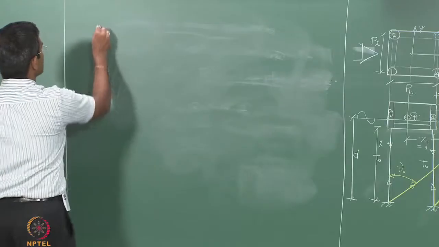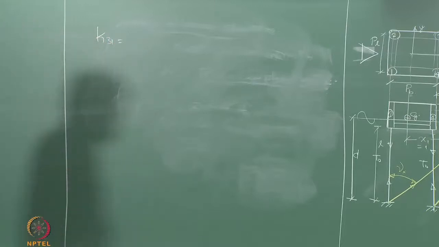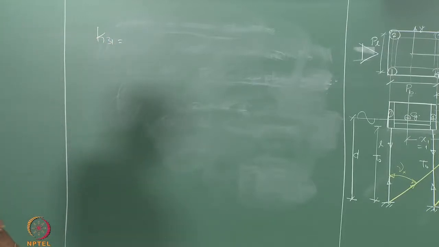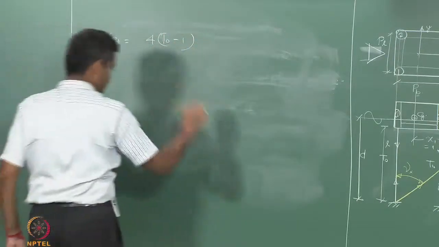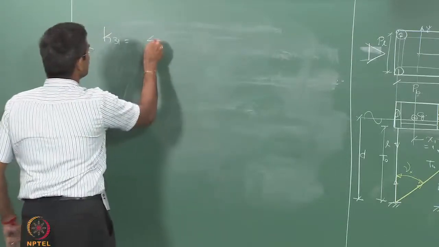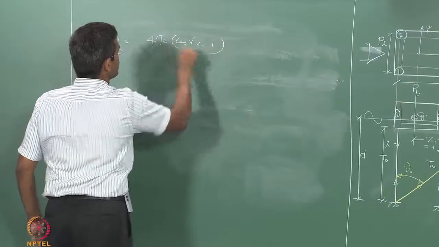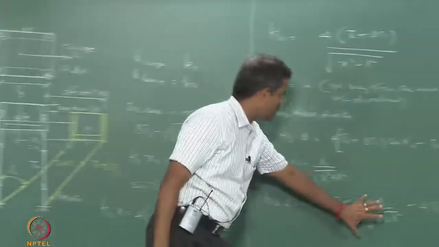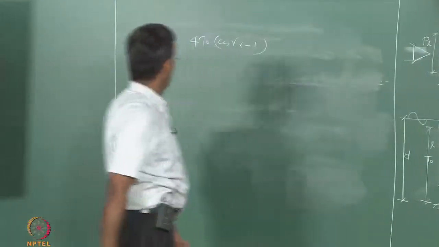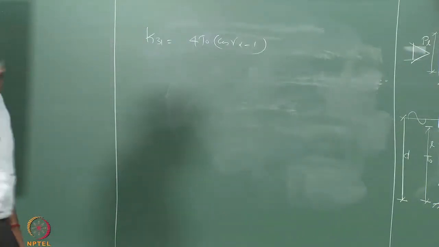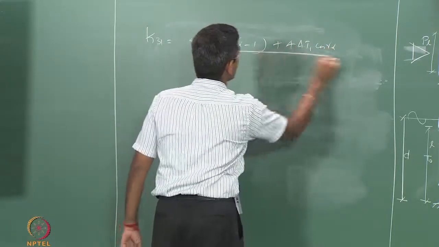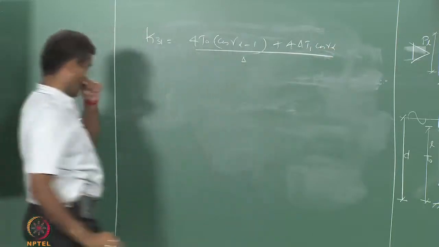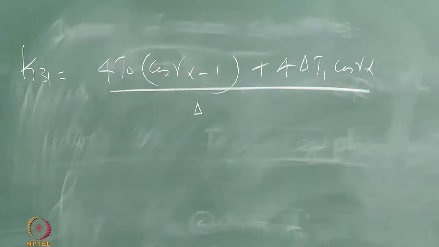So I can even write this as K31 delta is 4 T0 times cos gamma x minus 1, plus 4 delta T1 cos gamma x. I am just replacing this value back as cos gamma x for simplicity. The whole is divided by delta, where delta is what is called the set down effect.